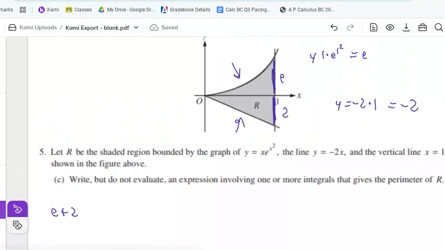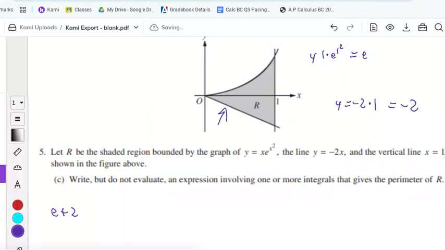Next, we should find the length of the line y equals negative 2x from its intersection points. From earlier, we know that y equals negative 2x intersects xe to the x squared at the origin 0, 0. We also know from earlier that it intersects x equals 1 at x equals 1. So, we could use arc length, but that would be overly complicated. Let's just use Pythagorean theorem.